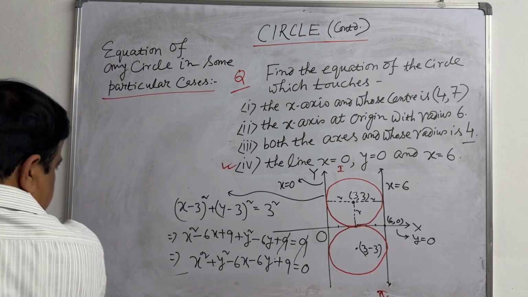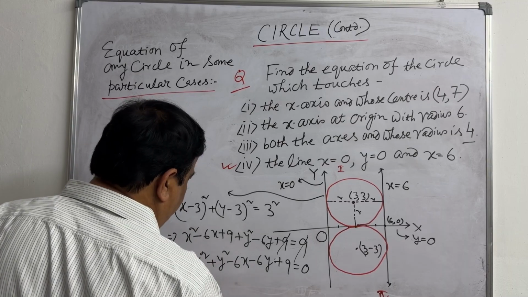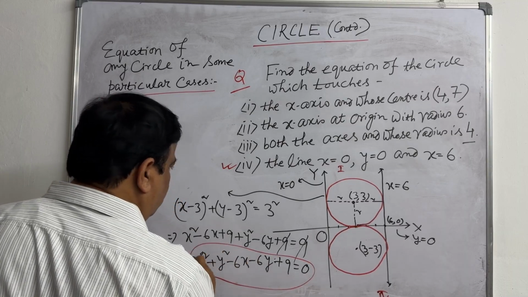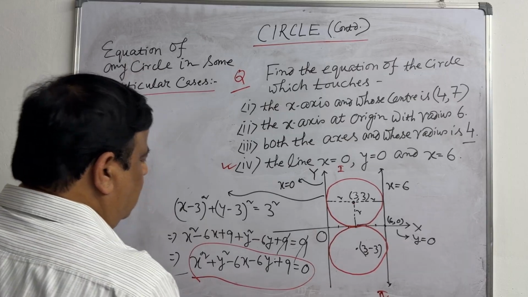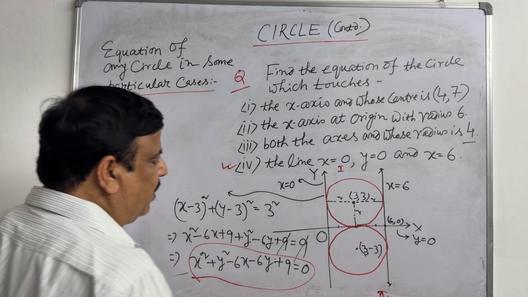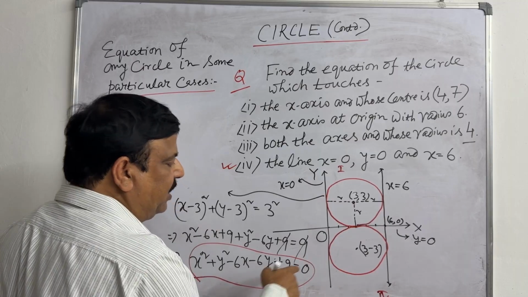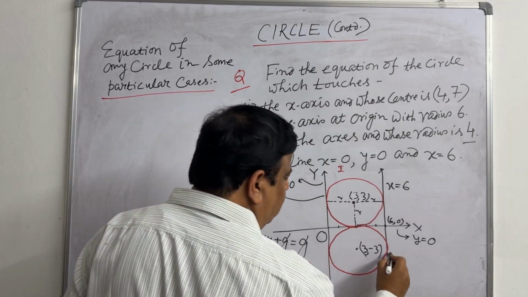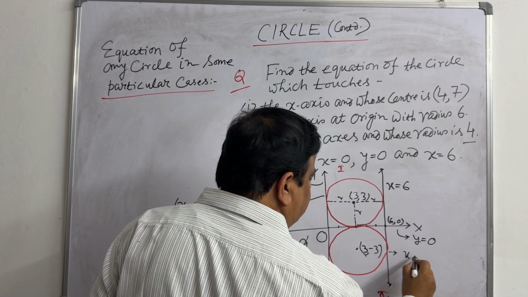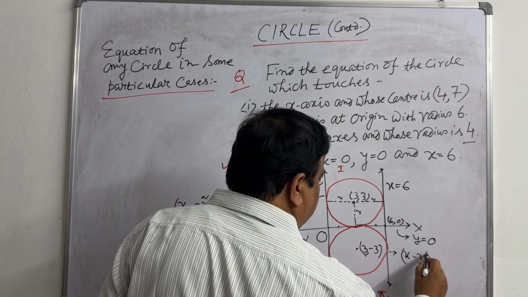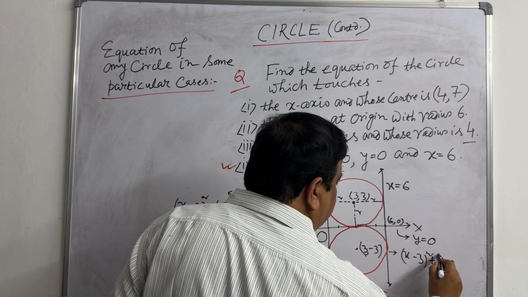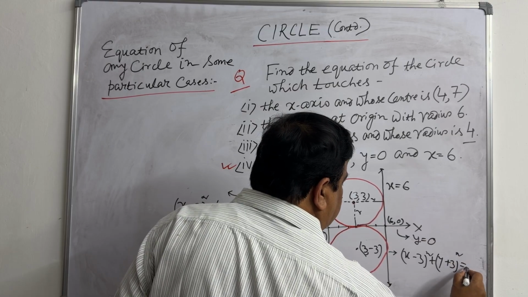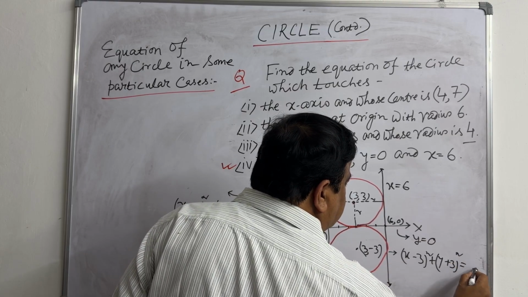So this is the equation of this circle. And similarly, you can get the equation of this circle also. It will be what? (x minus 3) whole square plus (y minus (minus 3)), that is (y plus 3) whole square, that is equal to 3 square, that is 9.